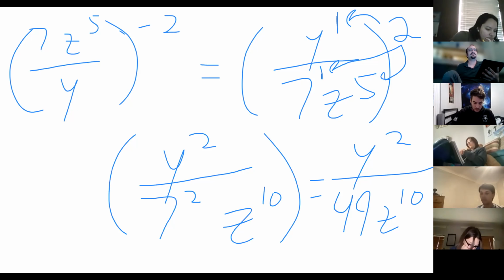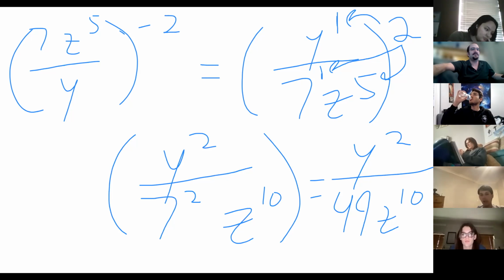Yeah, that's just 7 to the first there, and we're multiplying that 1 times the 2 to make it 7 squared. Okay, so the final thing is y squared over 49z to the 10th. And if we look in the back of the book, their solution is just that thing flipped. That's all that negative is doing, is flipping things.